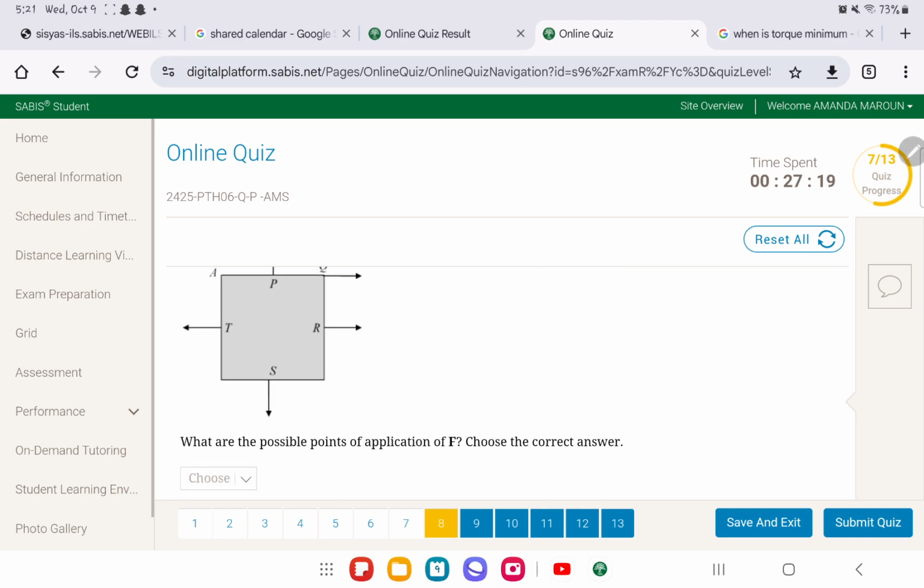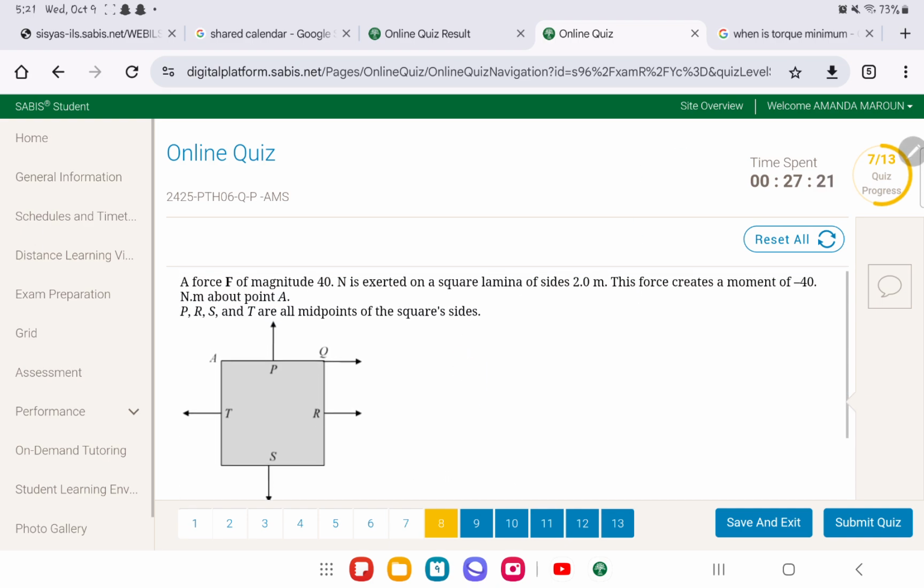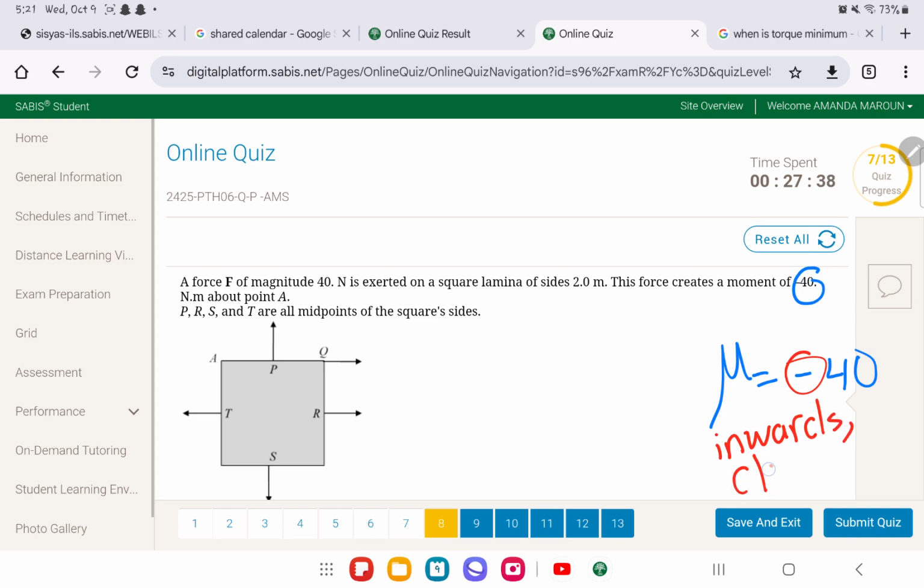What are the possible points of application of F? So we got that the moment is negative 40. Oh, look, it's negative. We said if it is negative, that means our thumb is supposed to be inwards, in the plane, and it is clockwise.